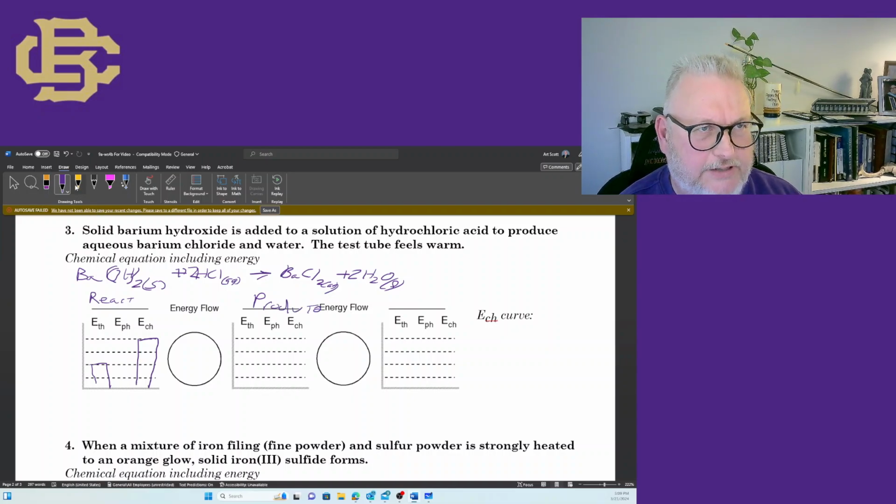So my products, after I mix them together, it's trying to take this energy and move it over there to the thermal energy because it starts to get hot. So it does. So now I've got a lot of thermal energy here. Again, I'm conserving my energy.